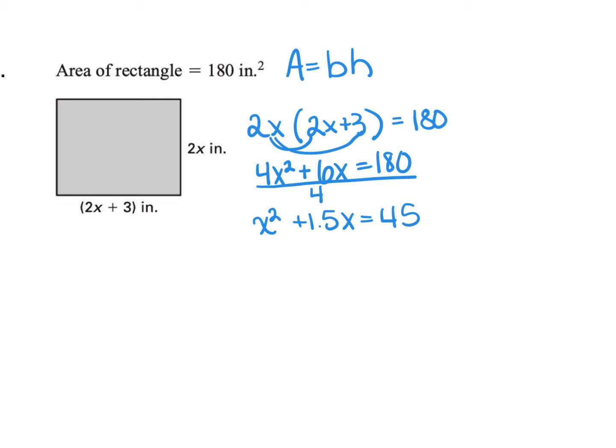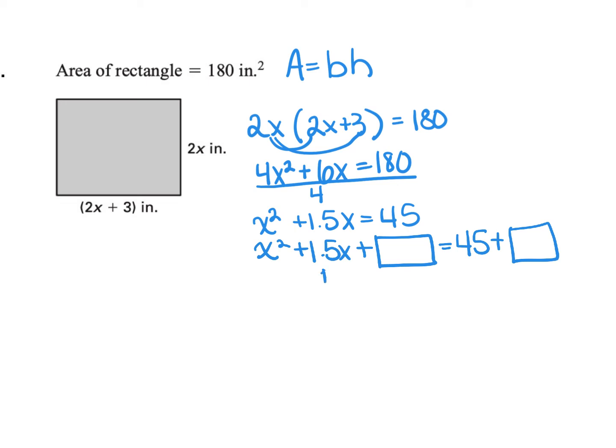All right, so now let's try to complete the square here. So we're going to have x squared plus 1.5x plus something is equal to 45 plus something. To find the third term, we're going to take this 1.5 and divide that by 2.